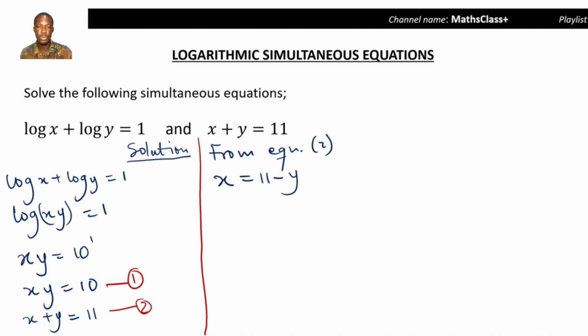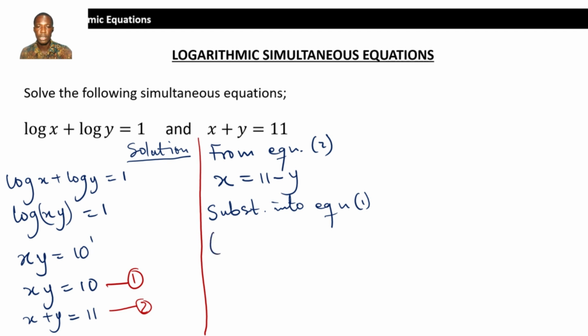Then I will substitute the result into equation 1, and that becomes 11 minus y multiplying y is equal to 10.